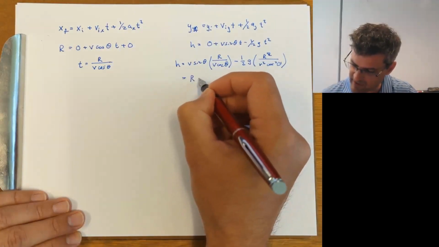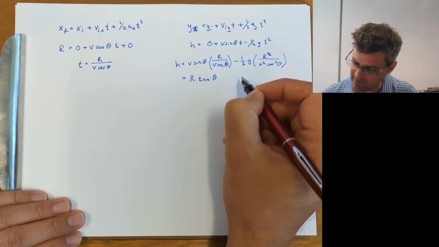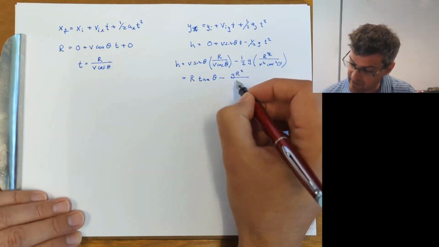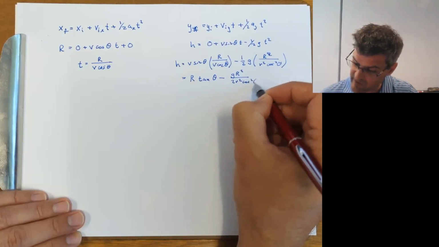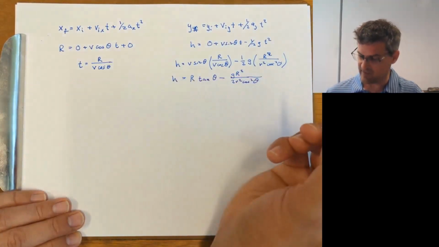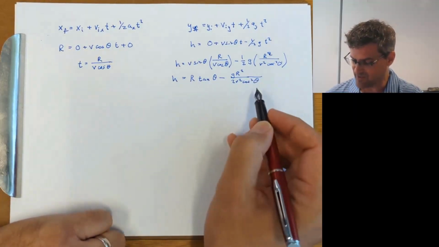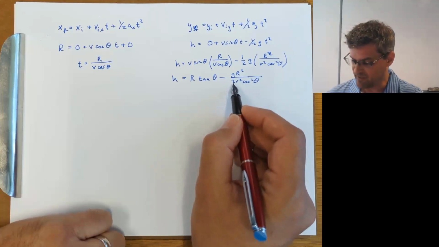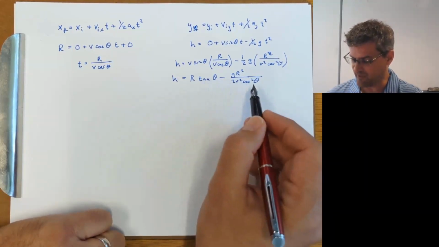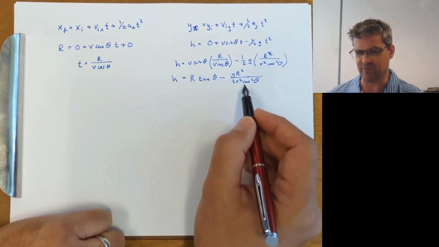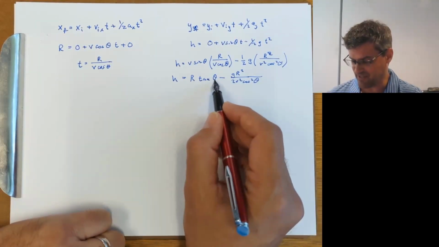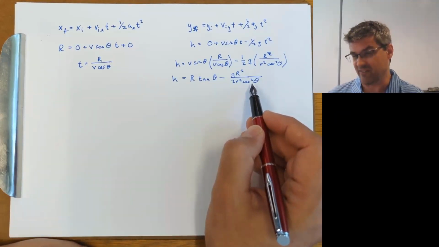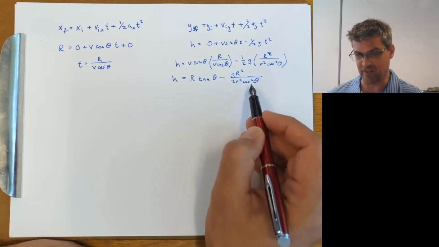So this is r tangent of theta minus g r squared over 2v squared cosine squared theta is h. Now this looks pretty complicated. Maybe if we knew v here, we would know everything except for angle theta. But solving for this algebraically is a real mess because I have tangent of theta here and I have cosine of theta here. If I wasn't initially given the angle, this is potentially a hard problem.